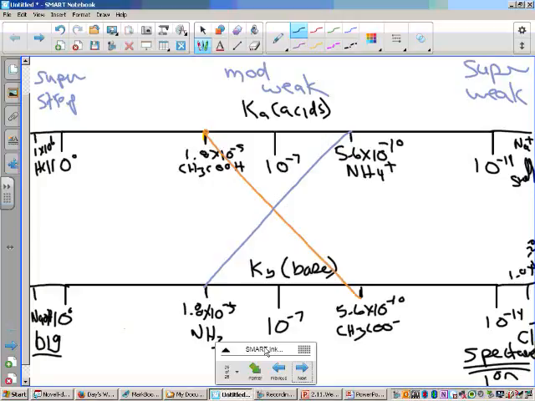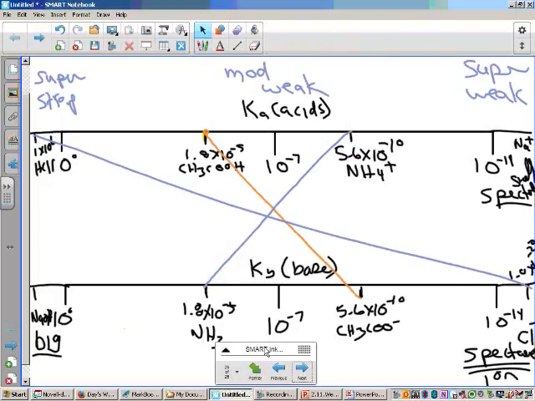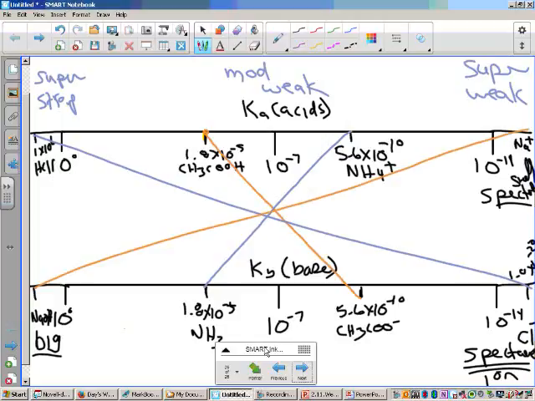Yep, it's a spectator as well. Spectator. All right? And again, just to finish off this illustration, going from that super strong, it cuts all the way across to become super weak, its conjugate, whatever it is. And same thing here with the base. It goes from super strong to becoming super weak.